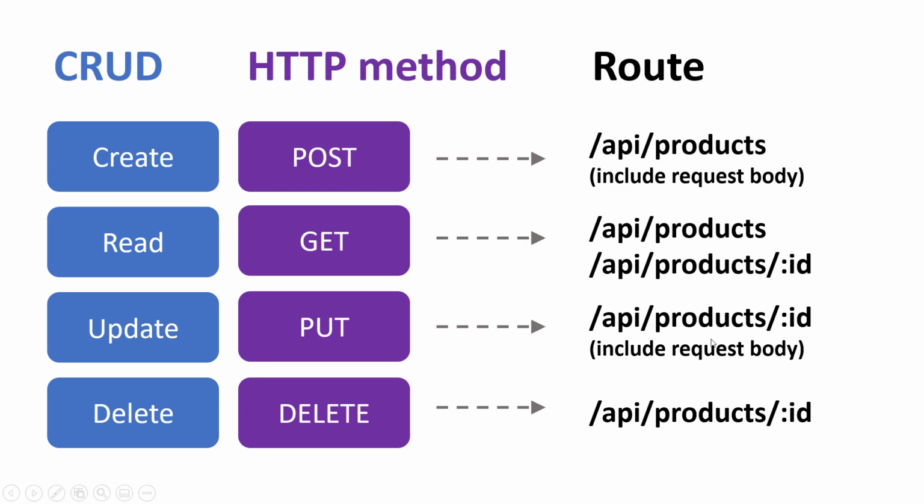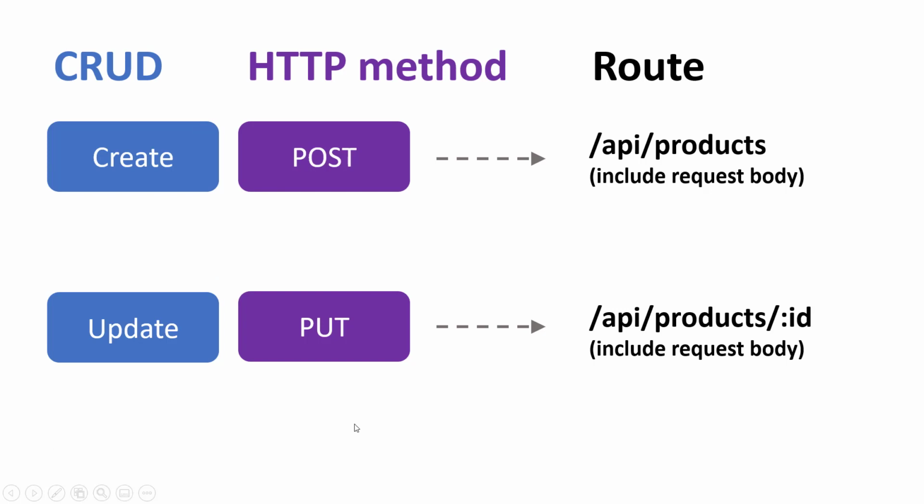And I'm going to explain more about the POST and the PUT in a minute. The last one, the delete, will be using the DELETE HTTP method, and we will pass along the ID, because we don't really need anything more than the ID to let the database know that it should delete this product. So we are specifying the ID in the URL and using the DELETE HTTP method.